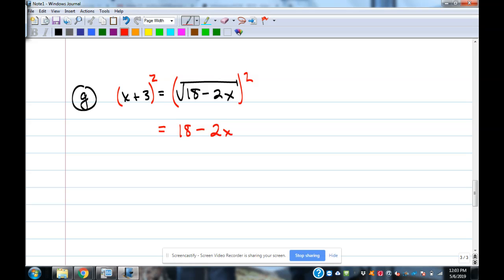But what does it mean to square x plus 3? What does it mean to square something? Multiply it times itself. That's what it means. Okay, so I'm going to multiply x plus 3 times an x plus 3. So I'm going to multiply that out. X times x is x squared plus 3x, and distribute the 3, plus another 3x, plus a 9.